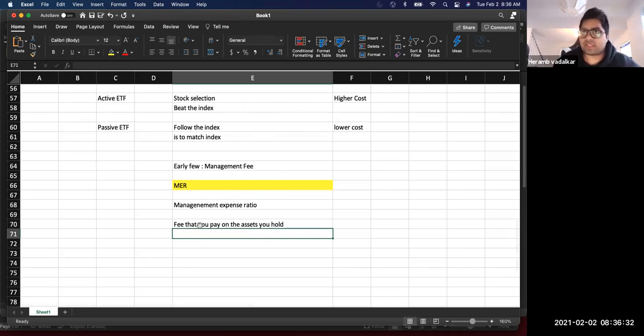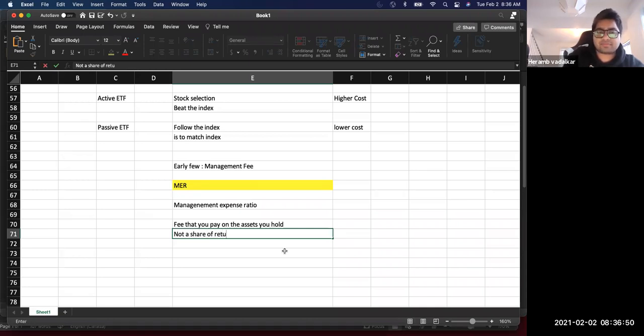Whatever assets you're holding, it is a fee that you pay on those assets. It's not a share of the returns you make.